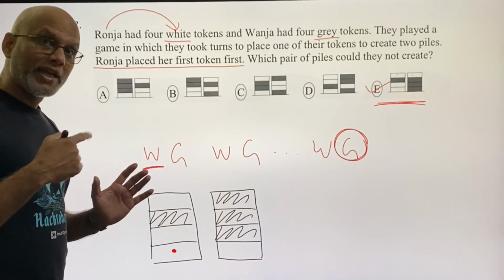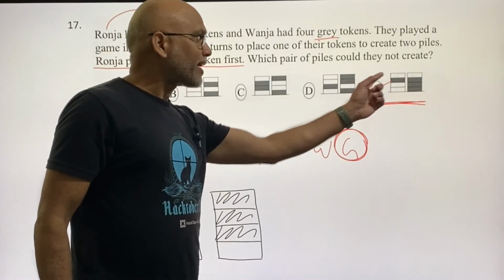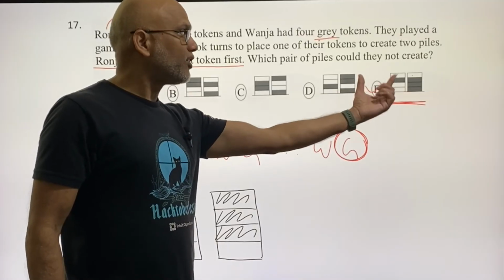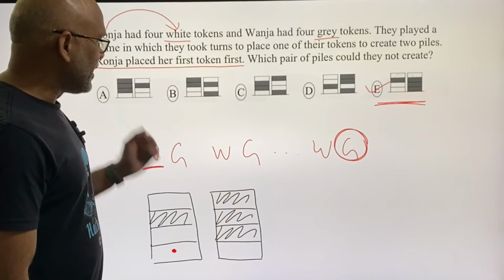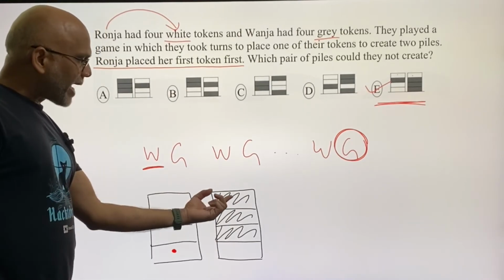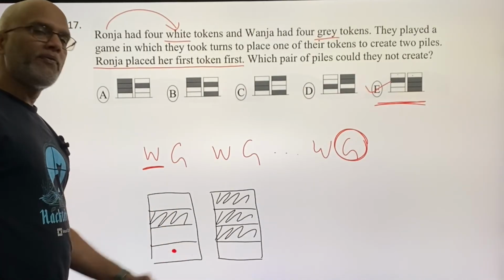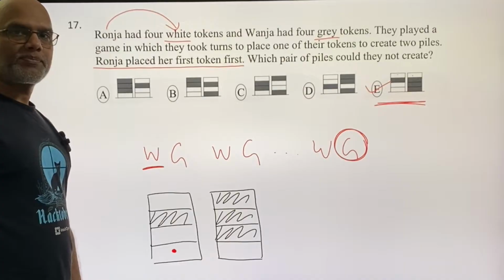So I want to reiterate, if at least one of the stacks does not end with a gray token, it's guaranteed that that is not a possible placement, right? But even if one of the stacks ends with a gray token, it is not guaranteed that that will be a valid placement. And this is one example.